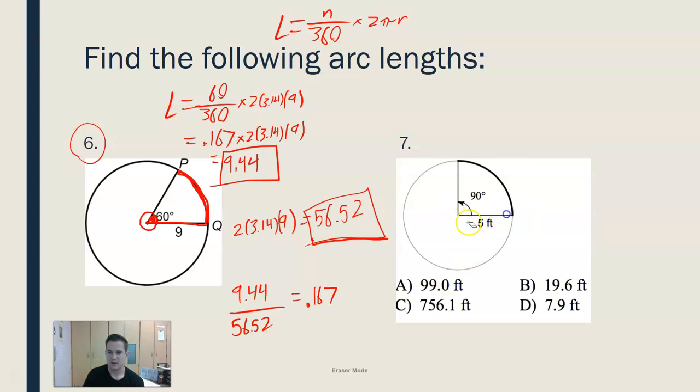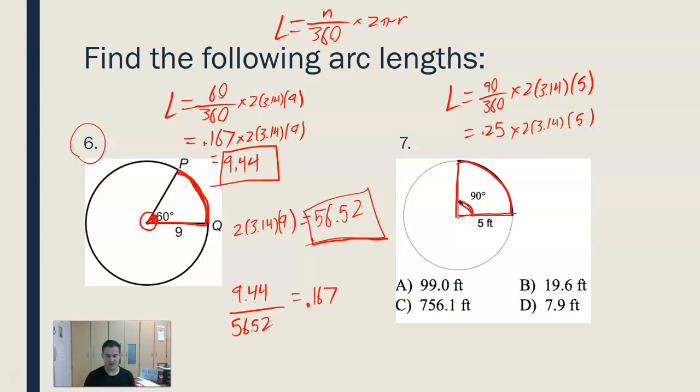Okay, here we have an angle of 90 degrees intercepting these two radii to form this arc on the outside. So the arc length is 90 divided by 360, the angle divided by 360, times 2 times pi times the radius, or 5. So 90 divided by 360 is 0.25, times 2 times 3.14 times 5.